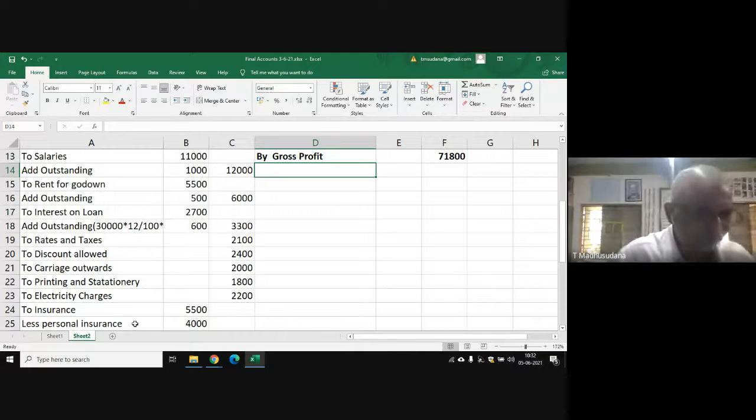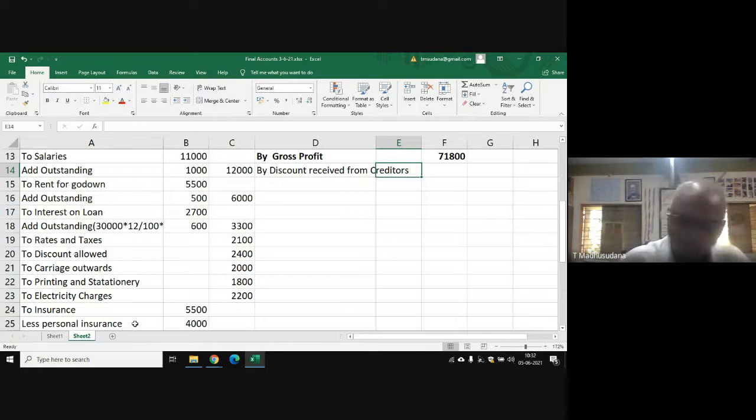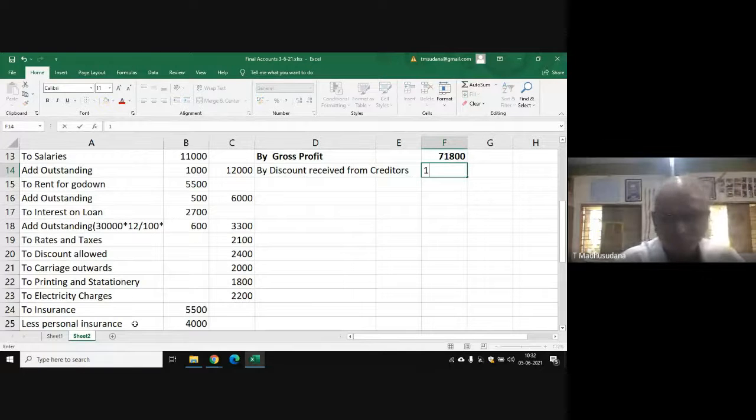So, by discount received from creditors, this is indirect income. That's why you are showing it on the credit side of the profit and loss account, 1,600.